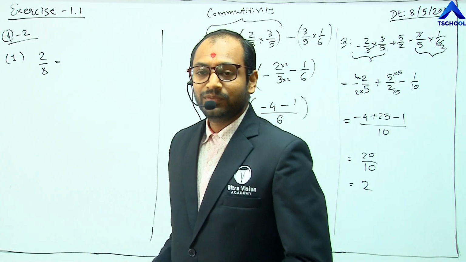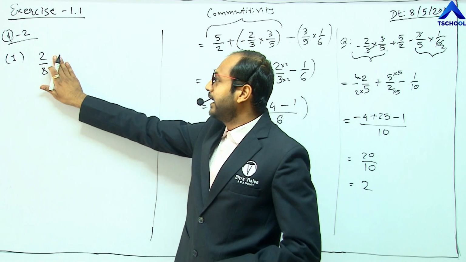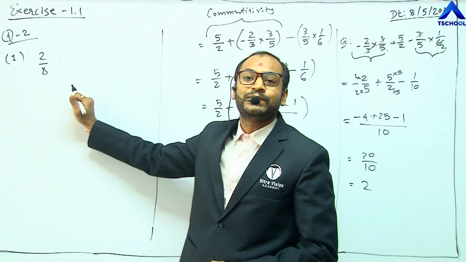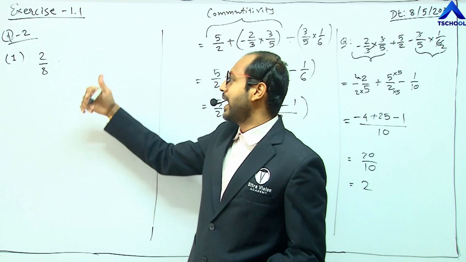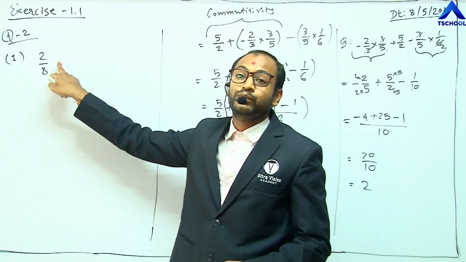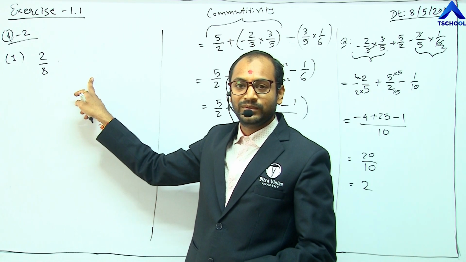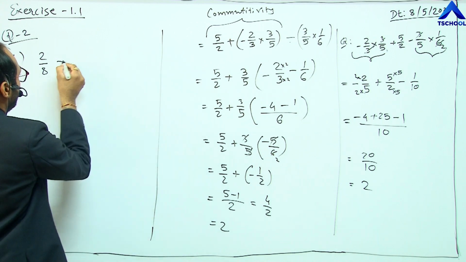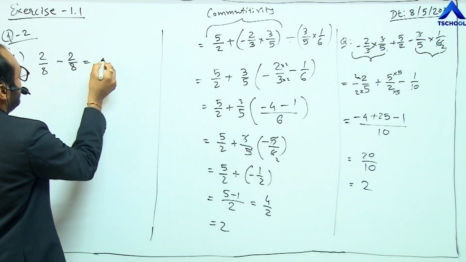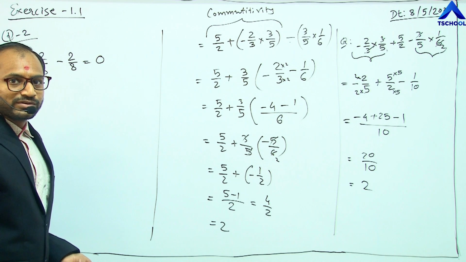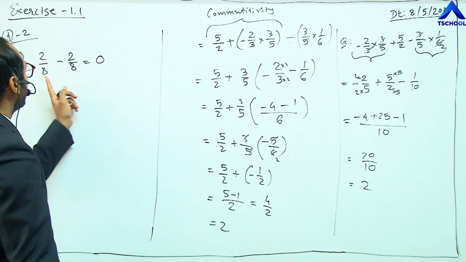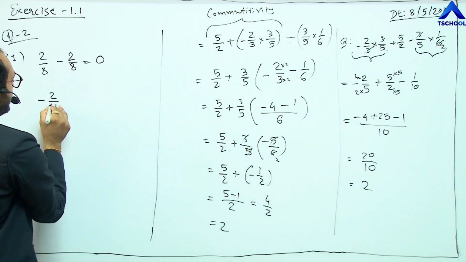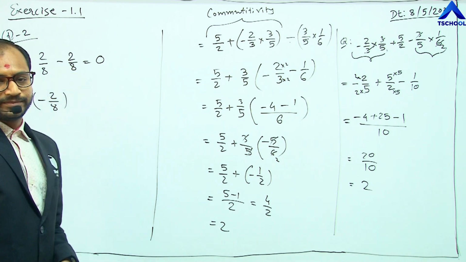The value that added to the main value results in 0. Which value should I add to this that gives result 0? Yes, minus 2 by 8. Minus 2 by 8 gives 0. So the additive inverse of 2 by 8 is minus 2 by 8.